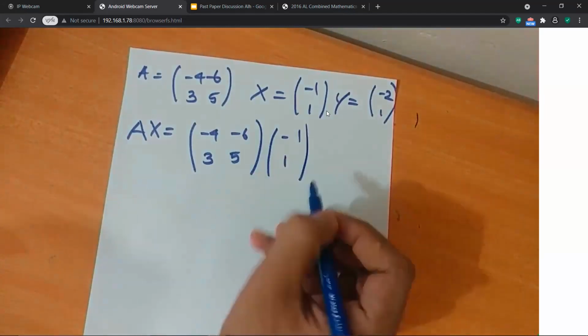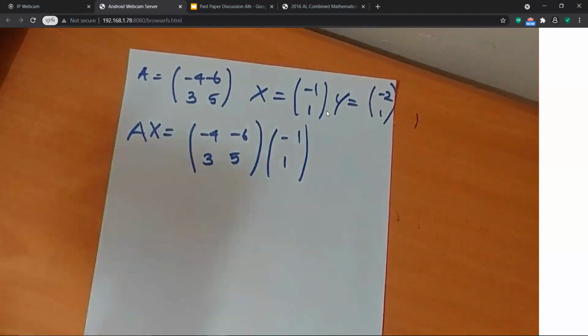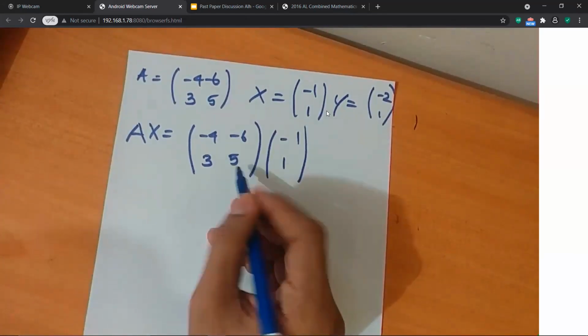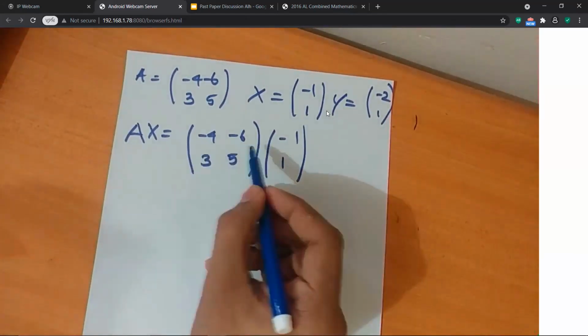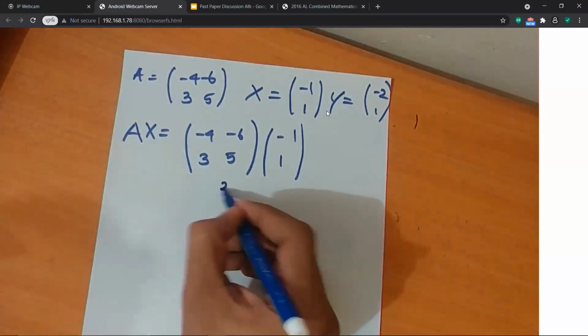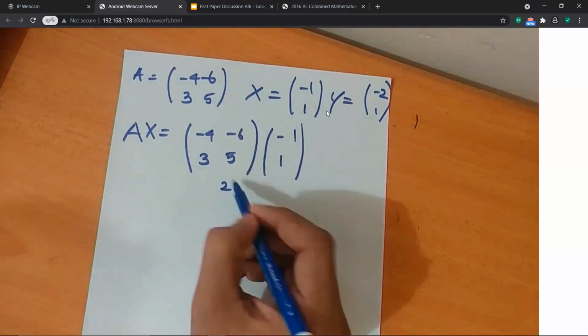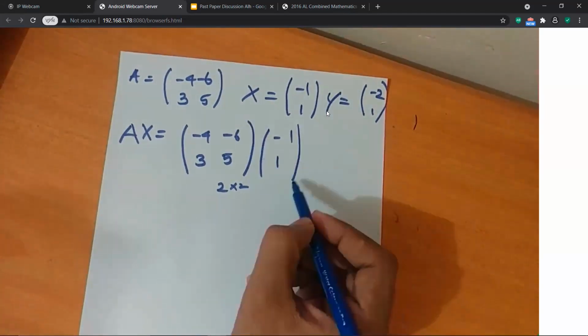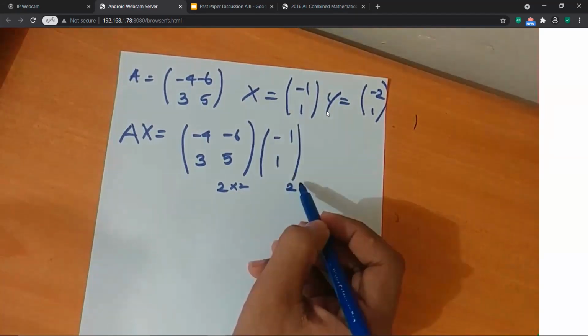Now when you multiply two matrices, what you need to remember is there's only one simple condition: the rows and columns. Rows are in this direction, columns are in this direction. A has 2 rows and 2 columns, so it is a 2 by 2 matrix. X has 2 rows and 1 column.